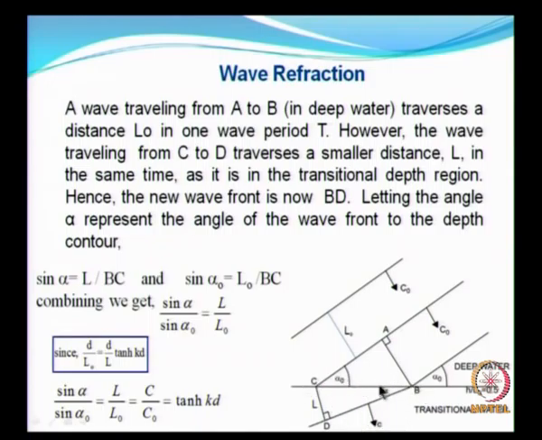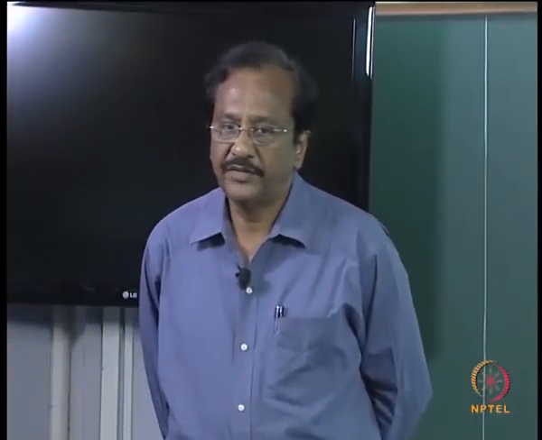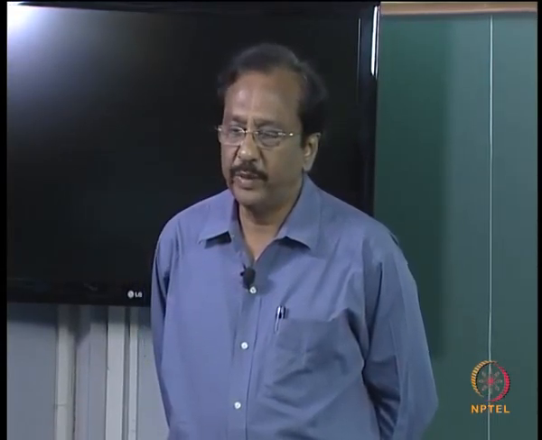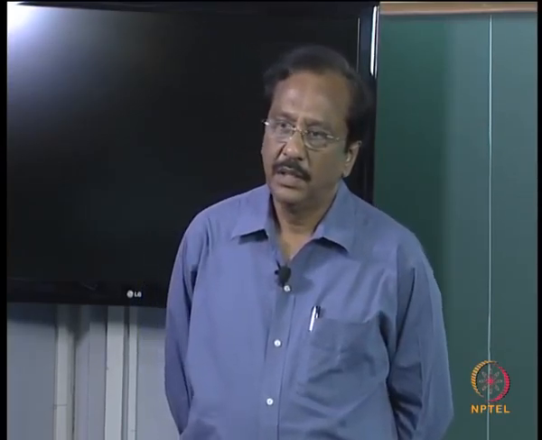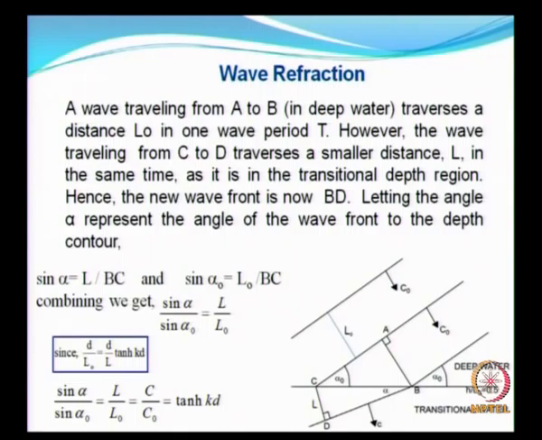So, I can equate these and get an expression: the sine of the angle which the wave makes with the shallow water depth contour, and the sine of the deep water wave angle, equal to the ratio of the wavelength in shallow waters to the deep water wavelength.